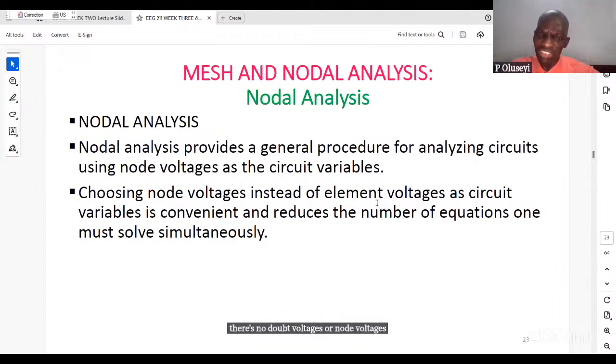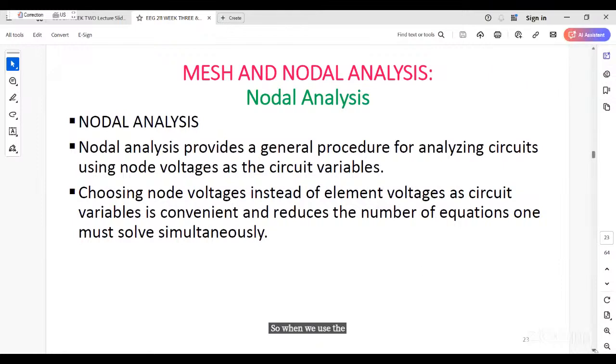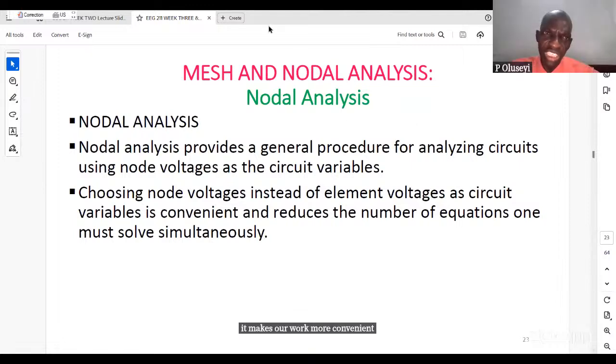Choosing node voltage instead of element voltage as the circuit variable is convenient and reduces the number of equations that we will have. So when we use the node voltages, it makes our work more convenient than using the other form of approach, which is the element voltages.